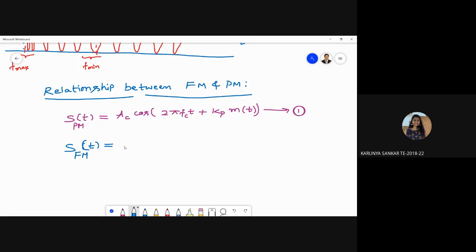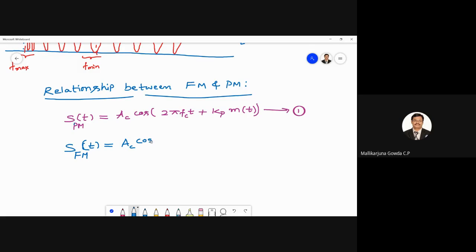The frequency modulated signal S_FM of t. How we have written for PM, in the same fashion, what is the difference? It will be AC, you'll have KF.